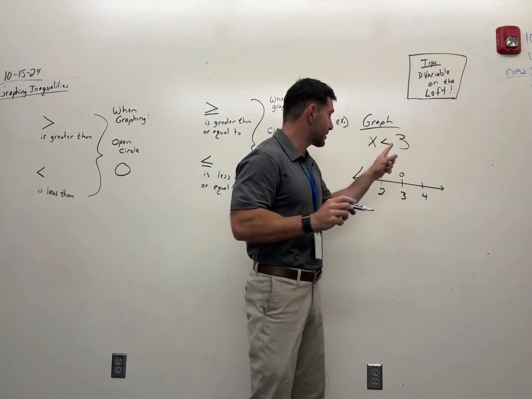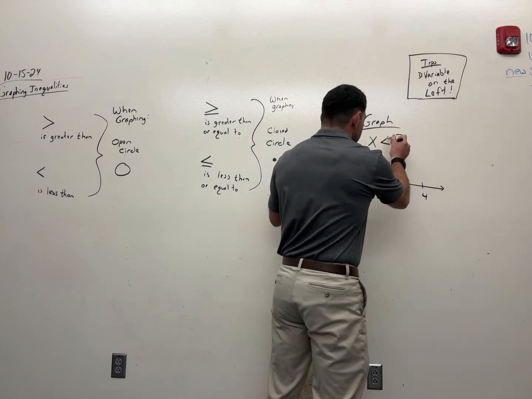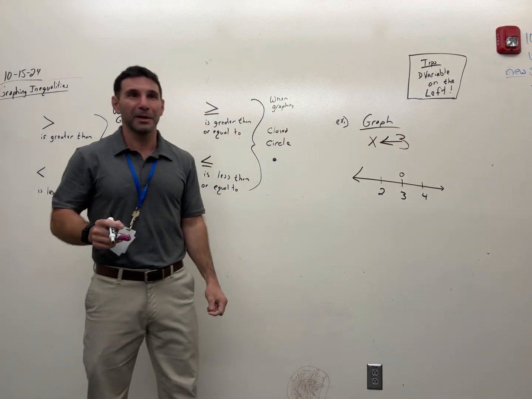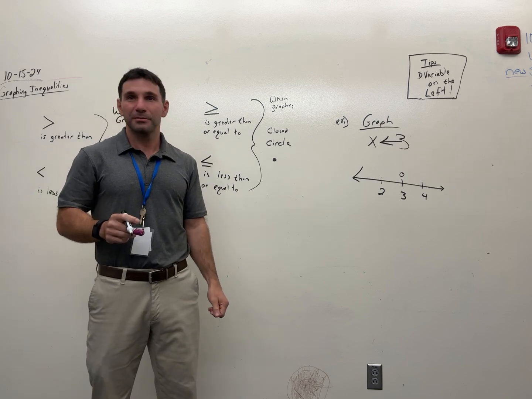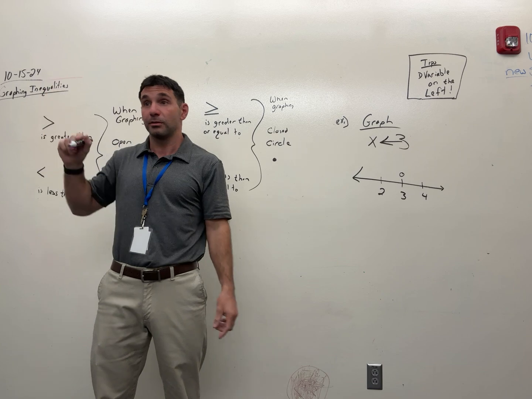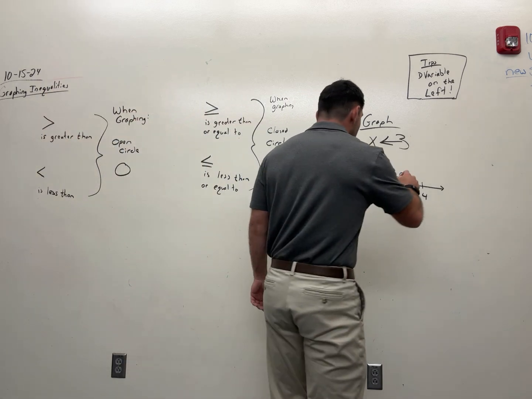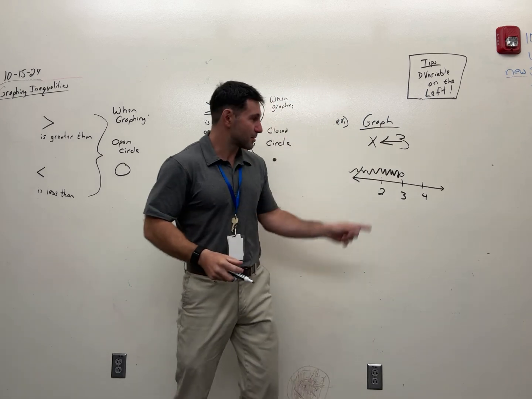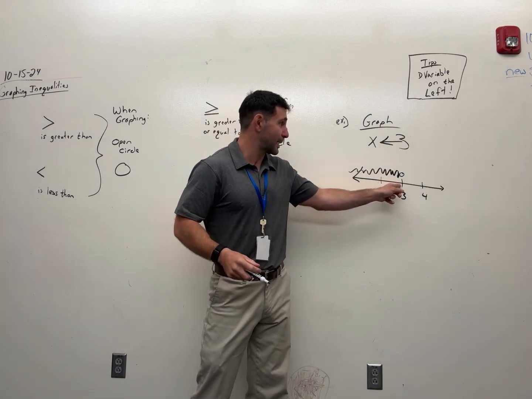Now, watch this. This is why we want the variable on the left. So I can make an arrow with my inequality symbol. Which way does it point? Which way? Like I want to physically see your arms go. So all of these numbers this direction are answers. 2, 2.5, 2.9999.